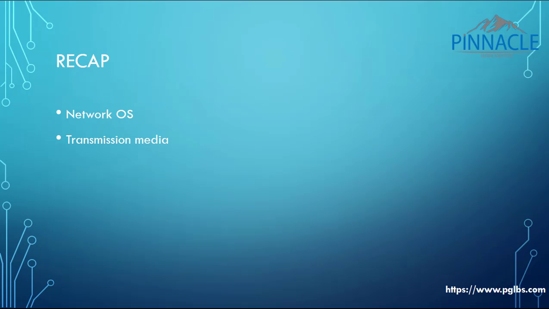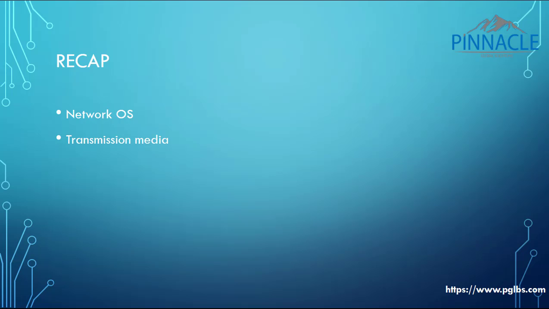Before we go to the session objectives, let me give you a recap of what we have done in the earlier session. In the previous session, we saw the network operating system. I gave you an overview of what an operating system is, and we saw what a network operating system is.